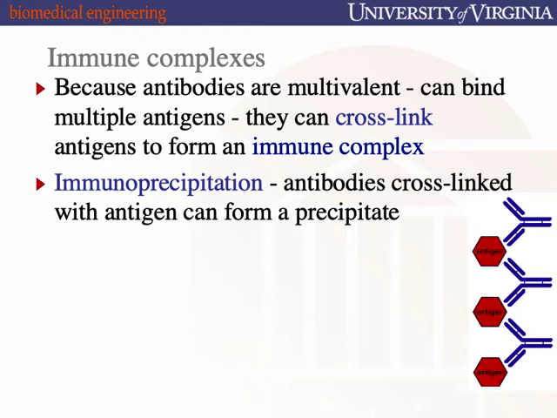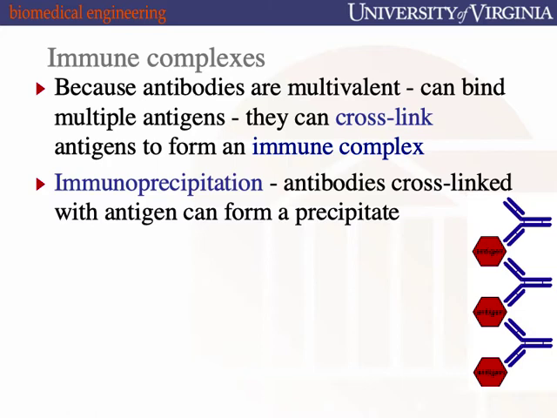You'll see immunoprecipitation as a methodology in some of the papers you're reading. In that case, we tether the antibody to a large, heavy bead, and we use centrifugal force to pull that bead down after it's bound to its antigen.